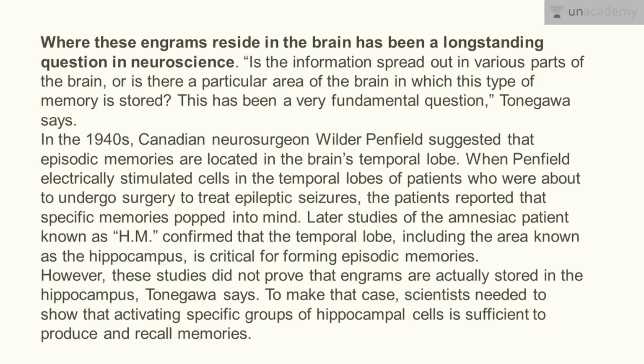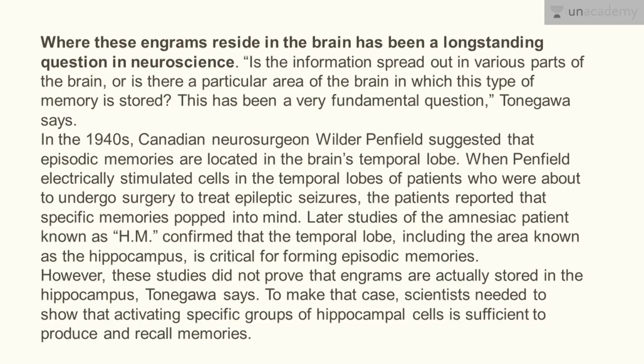Where these engrams reside in the brain has been a long-standing question in neuroscience. Is the information spread out in various parts of the brain, or is there a particular area of the brain in which this type of memory is stored? "This has been a very fundamental question," Tonegawa says.